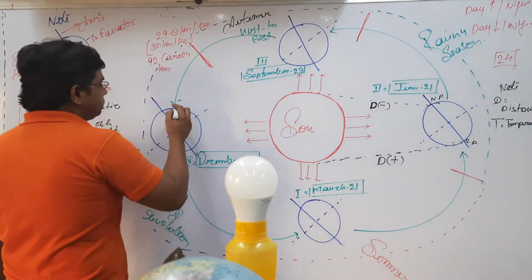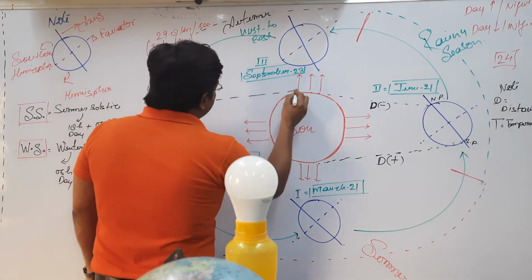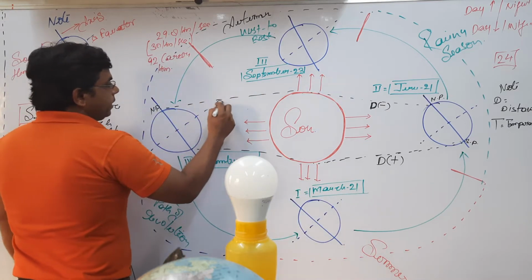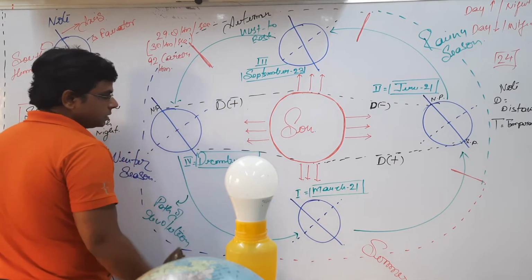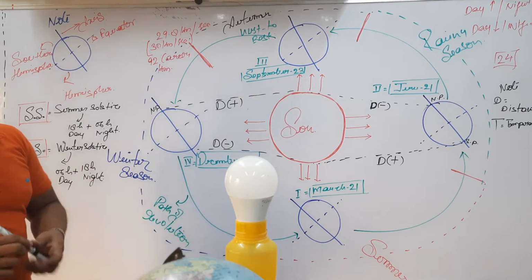So look, this is our North Pole. D plus and here D minus, right?